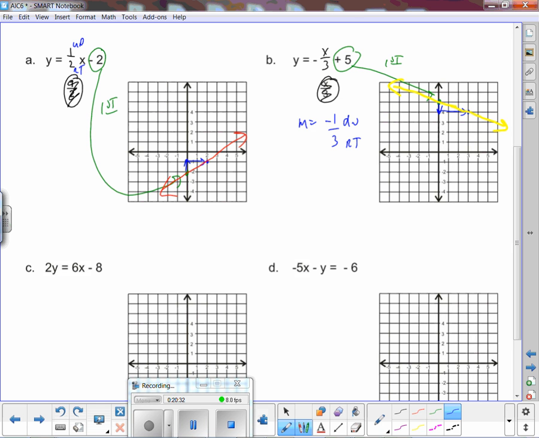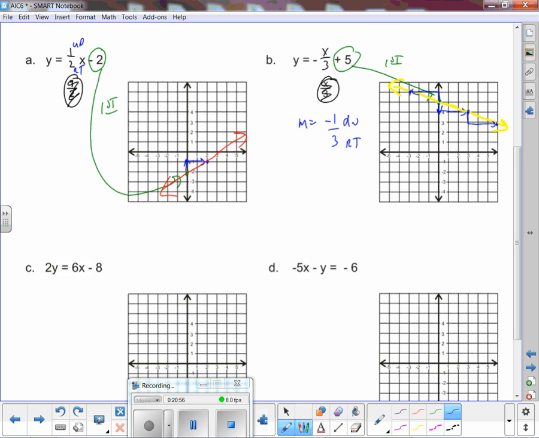Hey, can I show you something? Look up at the graph again. Look at this point right here. I can do the slope again if I want. I can go down 1 and to the right 3 again. Don't I hit the line again? And look at the y-intercept. What if I do the slope backwards? What if I go up 1 and to the left 3? Don't I hit the line as well?